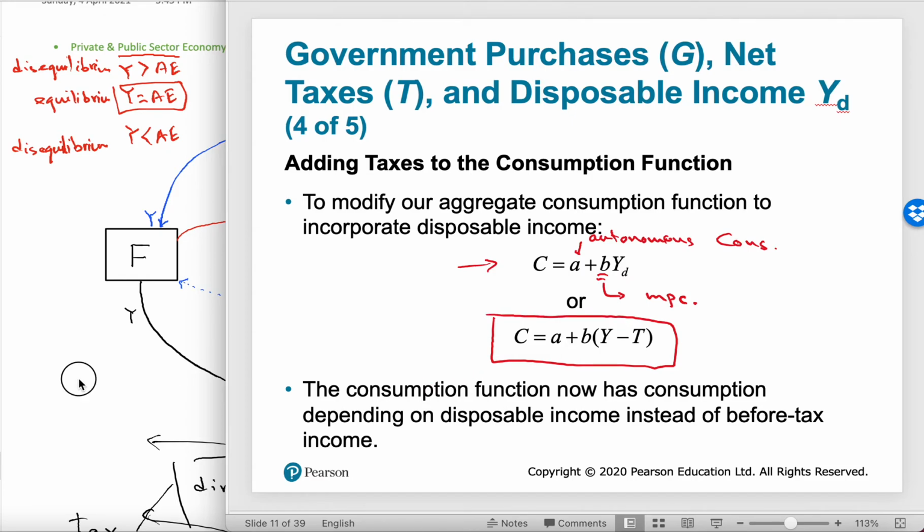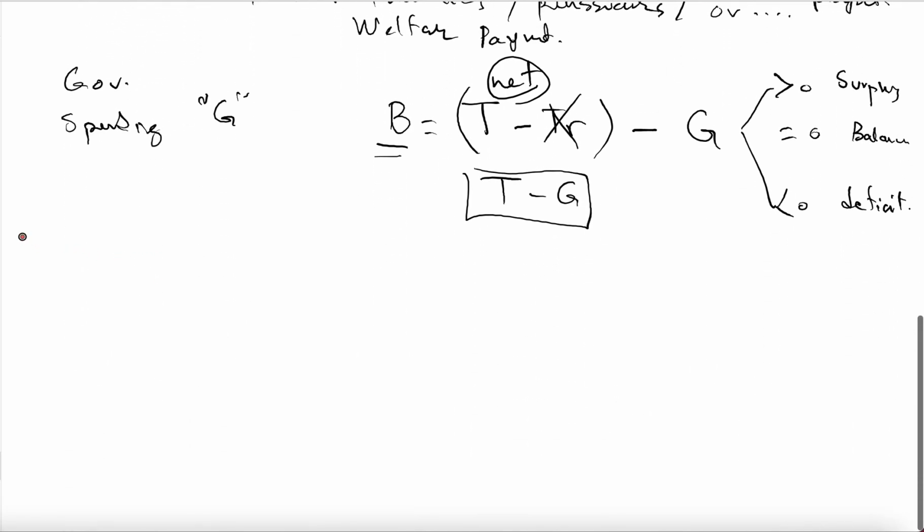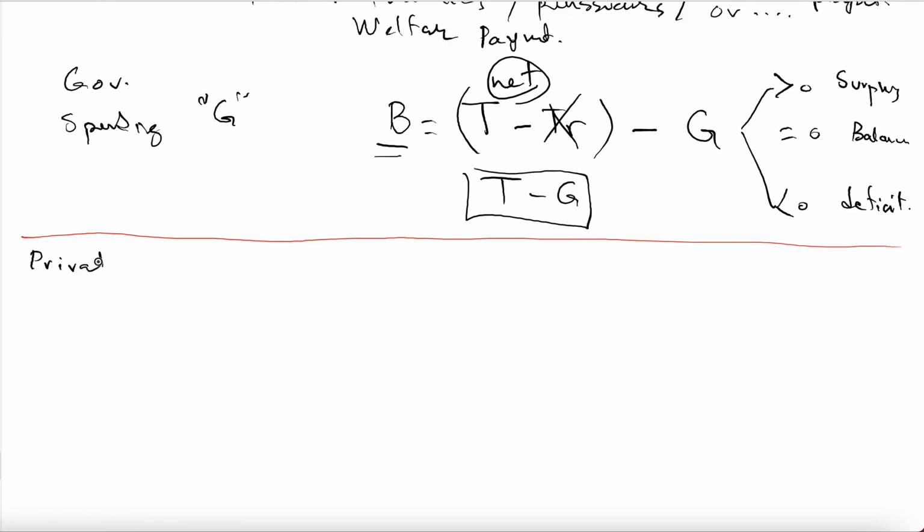So let me rewrite it. The components of the economy: we have the private sector, where consumption is A plus B times (Y minus T). The T in the government sector is determined.